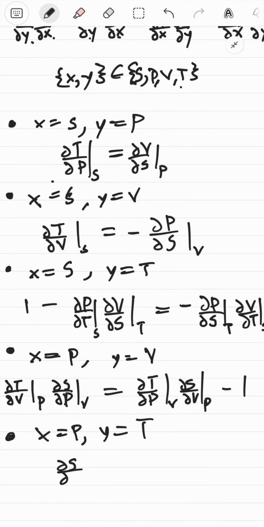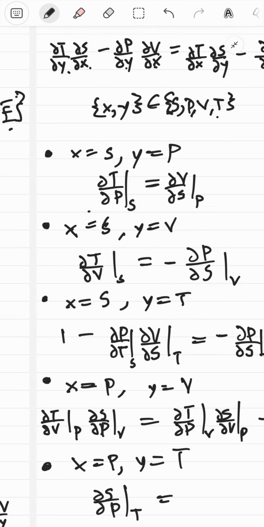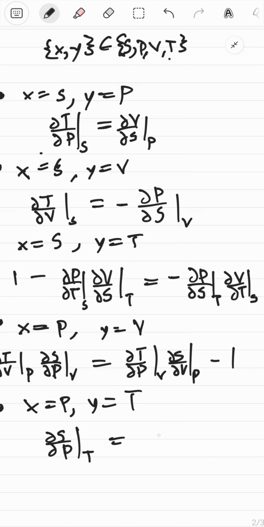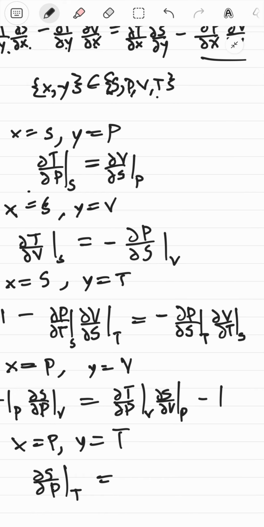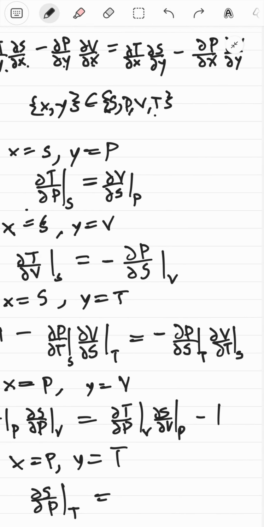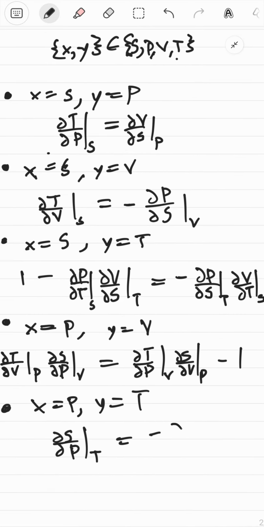So now you kind of just know how to do this thing. Partial s by partial p under constant pressure, sorry, under constant temperature, because that's what is there, is equal to, so this thing is gone, isn't it? Right, so you just have this thing remaining, so it's just minus 1 times partial minus partial v by partial t under constant entropy, sorry, constant pressure, that's what I want to write.